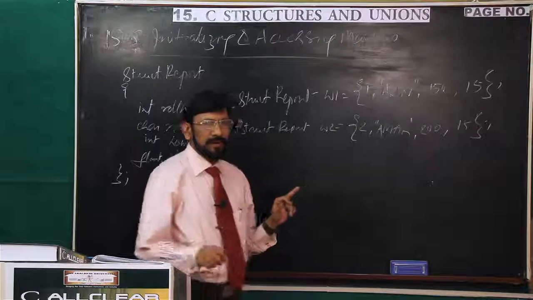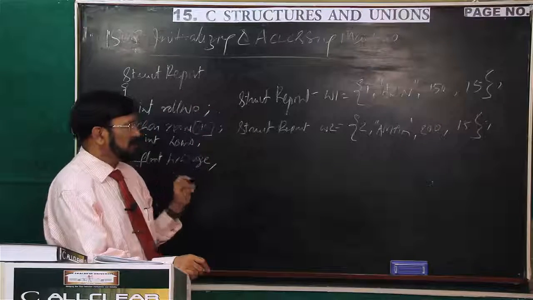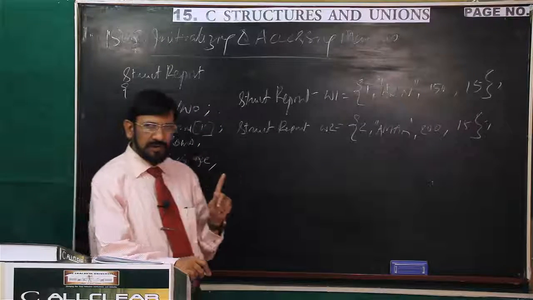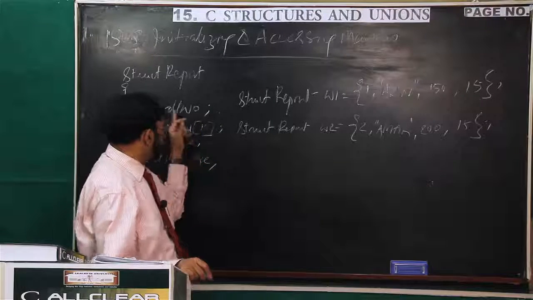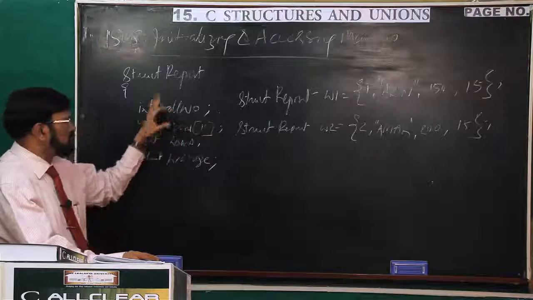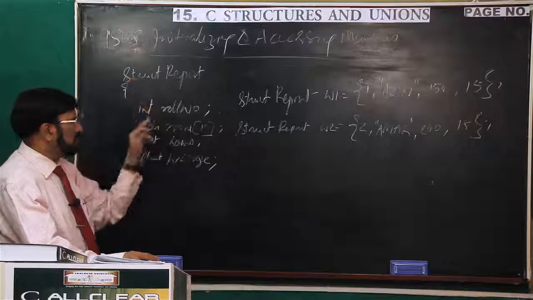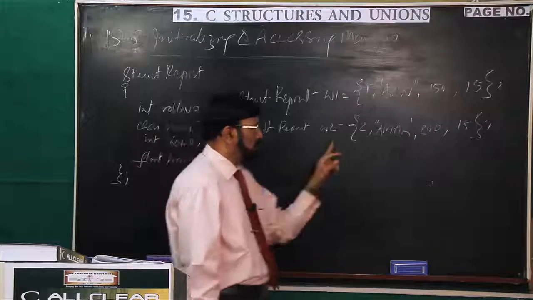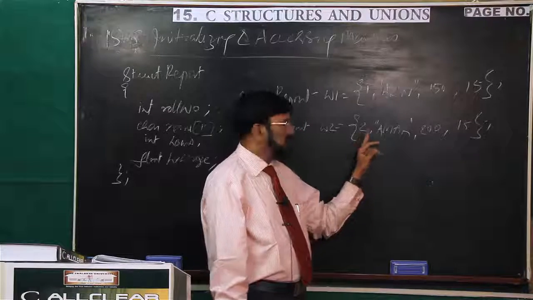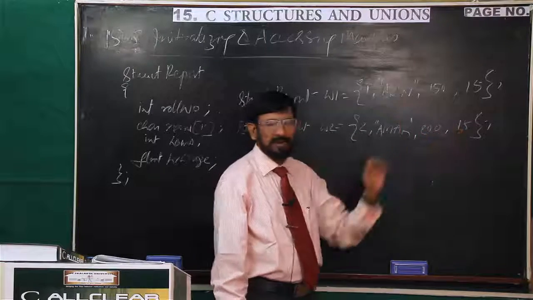In this manner, you can initialize. In initialization, one care you must take. What is the order of the members in the structure declaration? You have to see. The order is roll number, name, number of hours, and hourly wage.